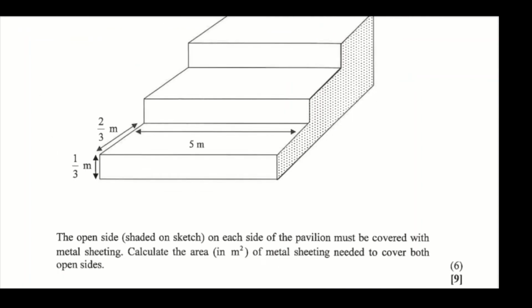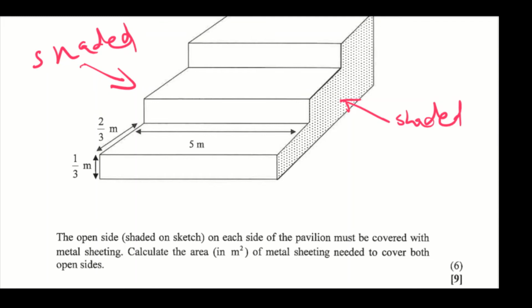And then the statement says that the open side shaded on the sketch, so this is the open side that is shaded, on each side of the pavilion. So this is also another side where it's shaded. These sides must be covered with metal sheets.